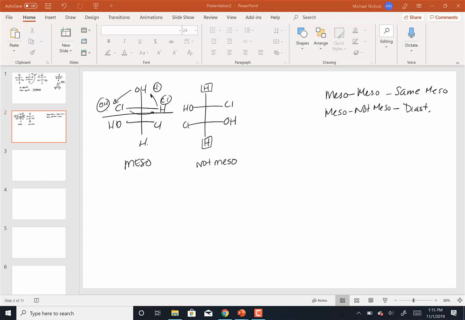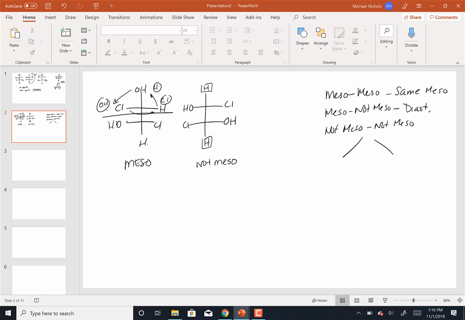Because you're correct. What if they're not meso, not meso? You have two choices. If they're both not meso, you're going to look at top, top, bottom, bottom.